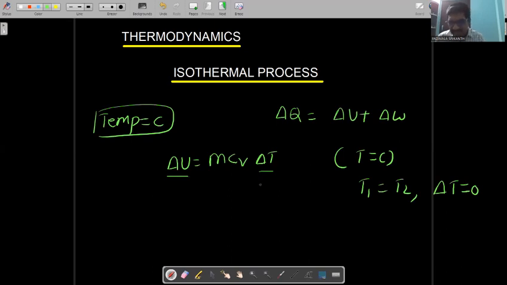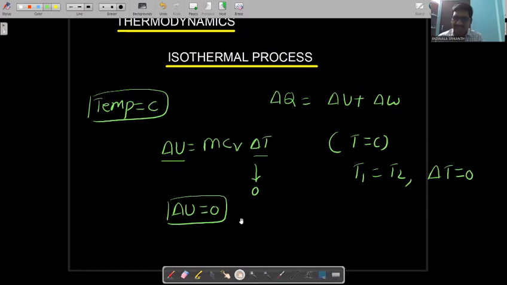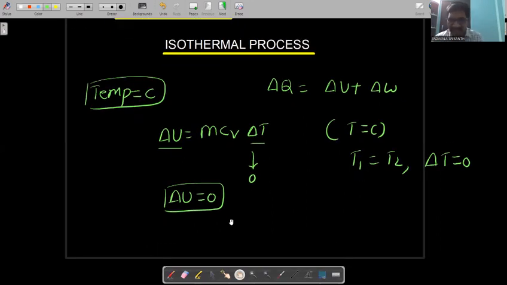Since delta T is 0, delta U, that is the change, increase or decrease in the internal energy, is equal to 0. No change in temperature means there is no change in the internal energy of the system. Therefore, from this first law equation, delta Q is equal to delta U plus delta W. What is the value of delta U?